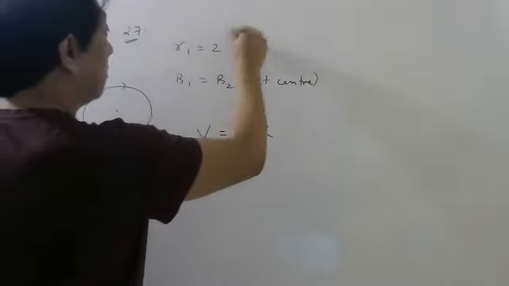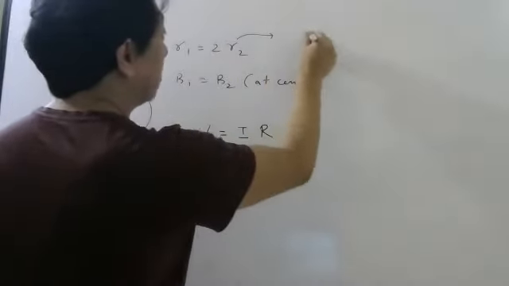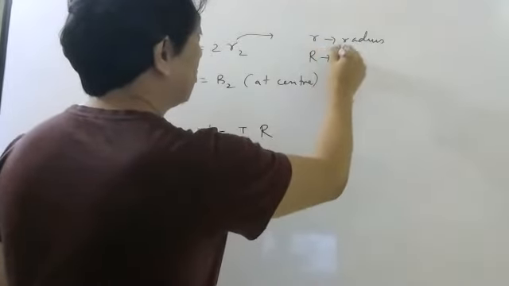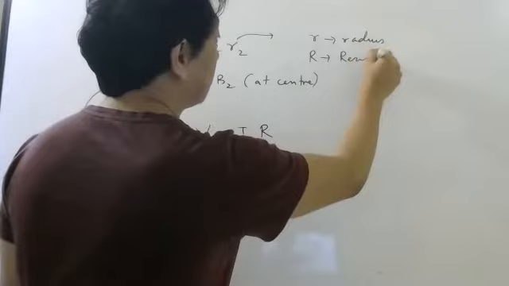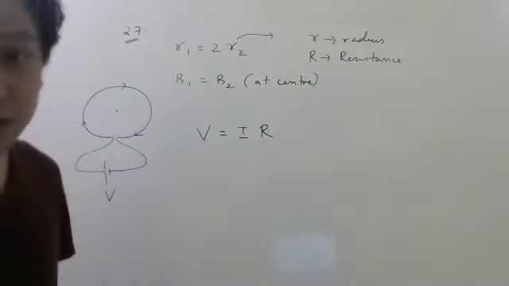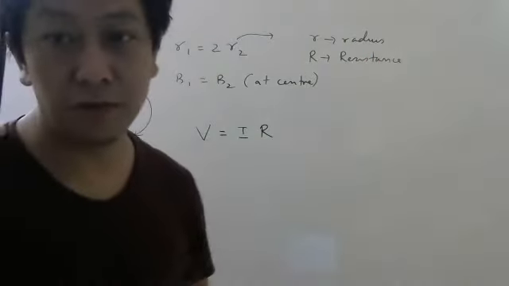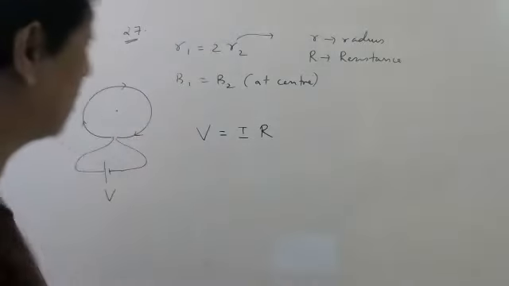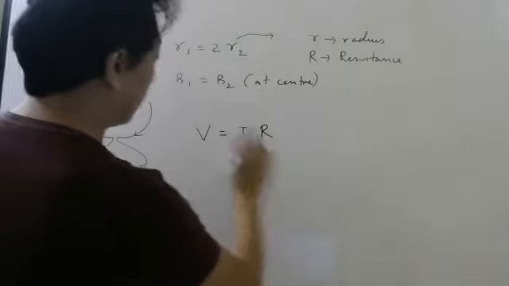Small r means radius. Capital R I will use for resistance. Otherwise it will create confusion in the same problem if you use capital R for radius also and capital R for resistance also. So potential difference is current into resistance.